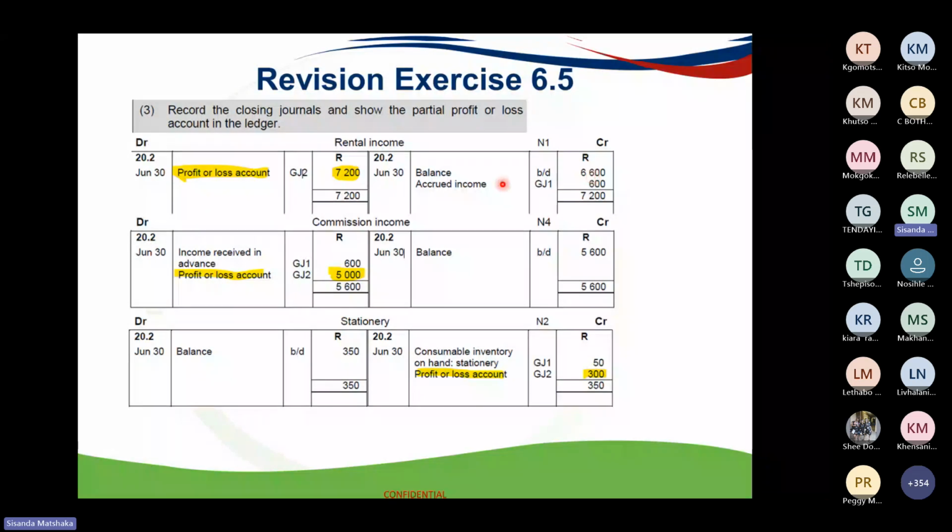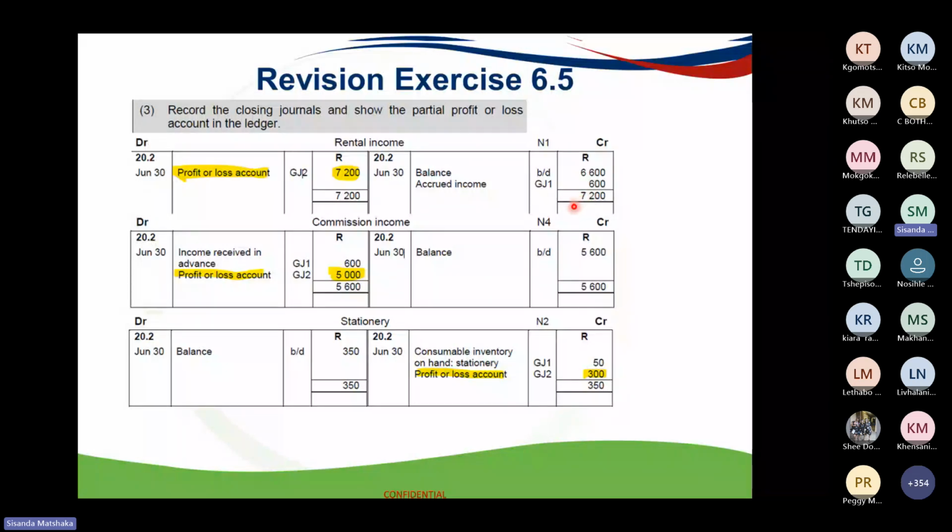So in this case, if you look at rental income, if you add up what the balance was, together with the accrued income, as my colleague mentioned, you then get a total of 7.2.